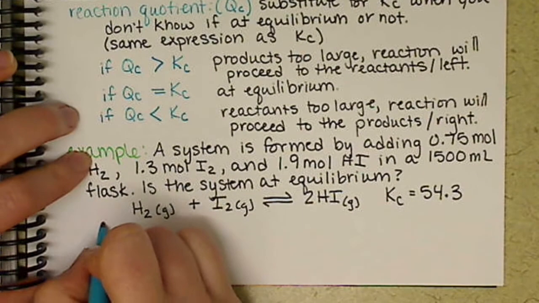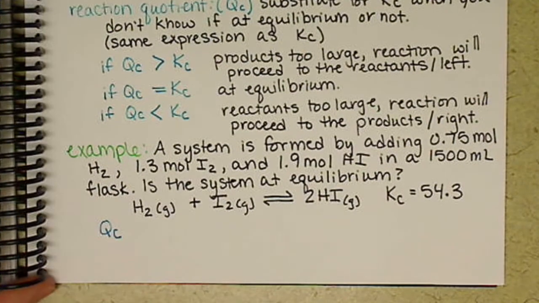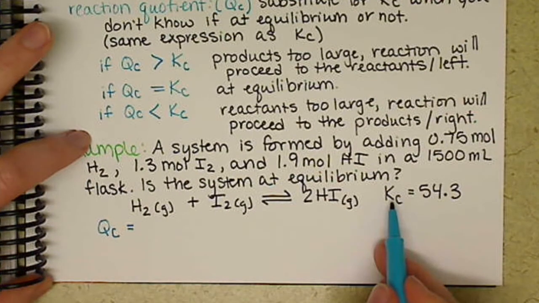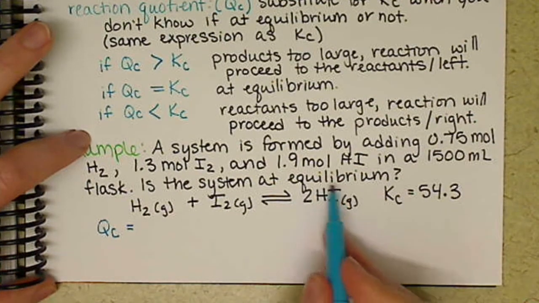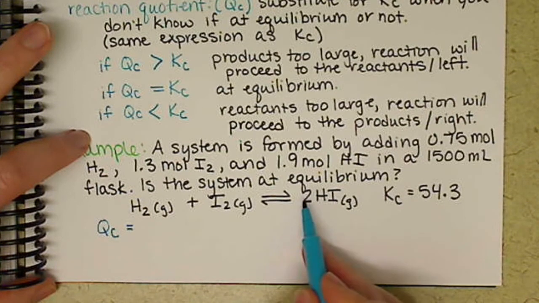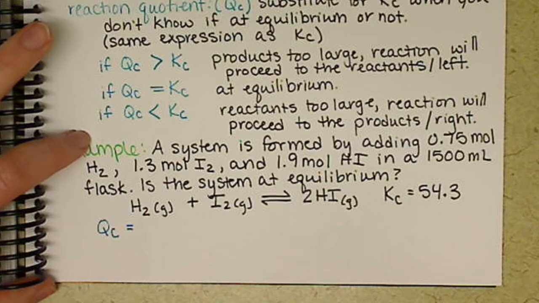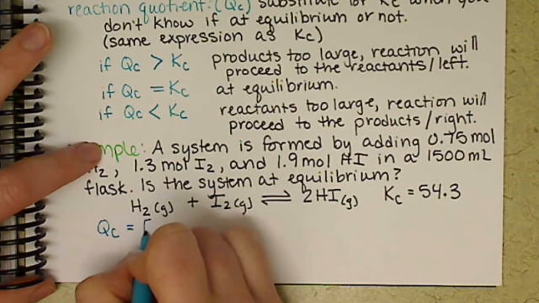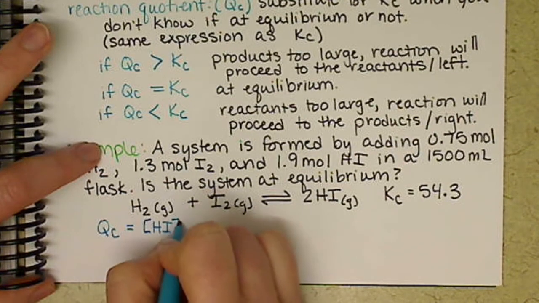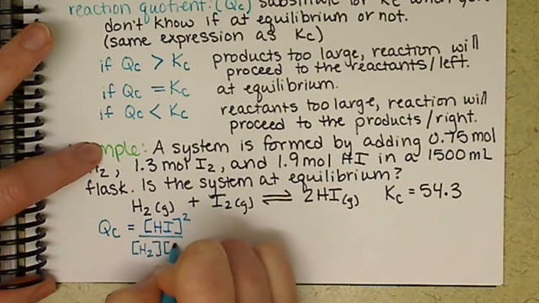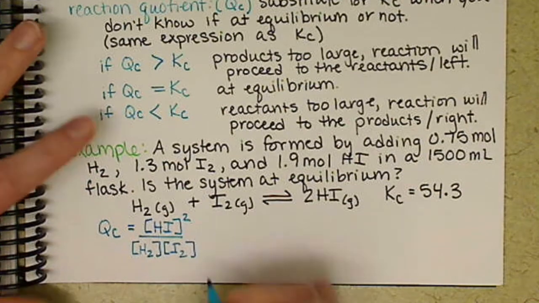So we're going to use our reaction quotient, Qc, which has the same expression as our Kc expression: products raised to the power of their coefficients divided by the reactants raised to the power of their coefficients. So we have the concentration of HI squared divided by the concentration of H2 times the concentration of I2.